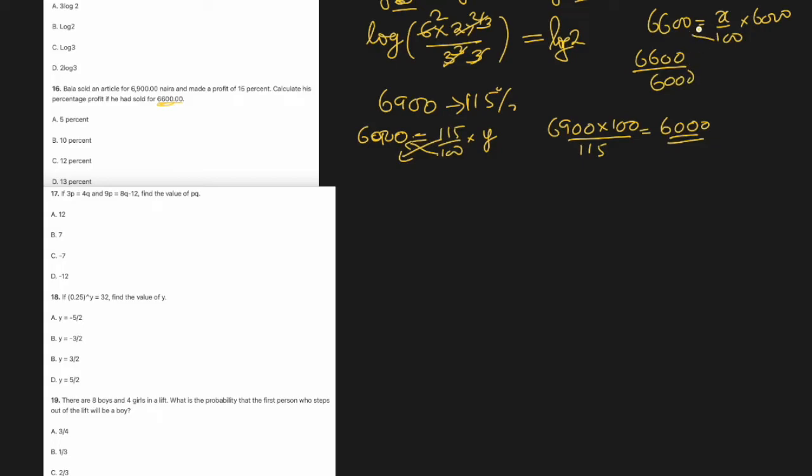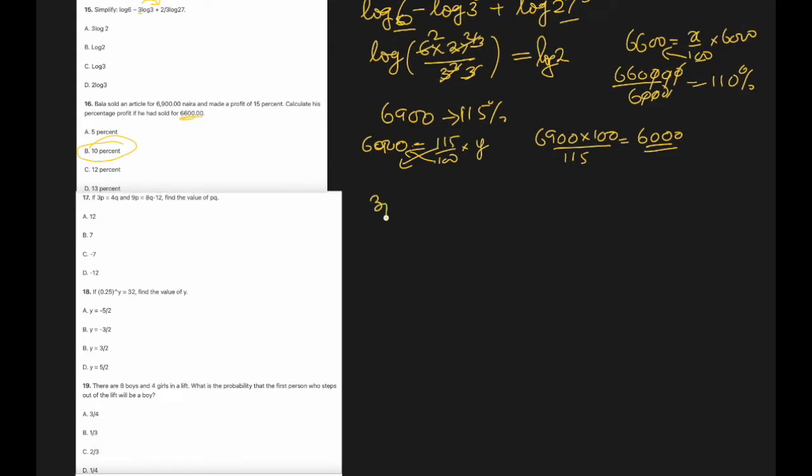This multiplies with 6600 and we'll get 2 zeros because of 100 and 6,000 down. Okay, that is 110. So 6,600 is 110%. That means there is a 10% increase over the original price of 100%.